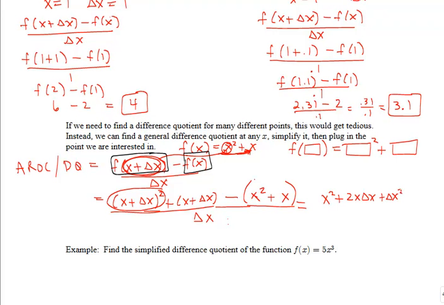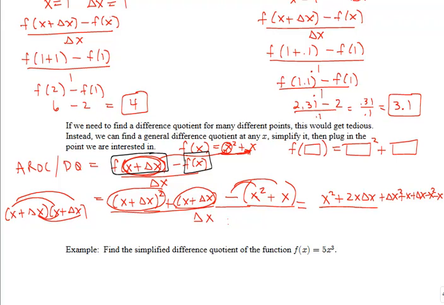Now, if you're not sure where I'm getting that from, that's just x plus delta x times x plus delta x, and all I'm doing is FOILing. And that's where these terms come from. Okay? Then I have these two terms as well. And then I need to distribute my negative across. And all of that is over delta x.